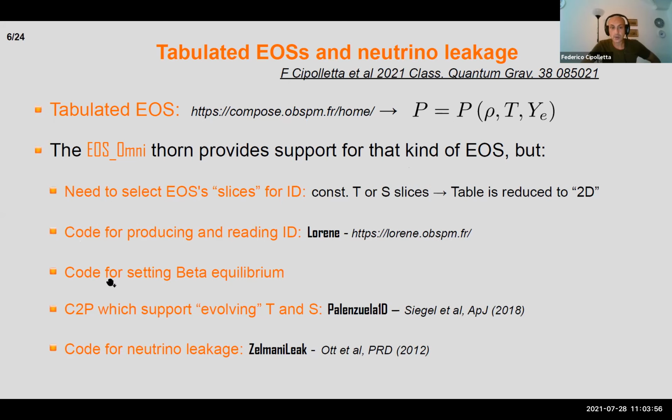You should also impose another condition in order to reduce this table to 1D, let's say. So you have the pressure that is only dependent on one variable, and you can, for example, choose to set beta equilibrium.